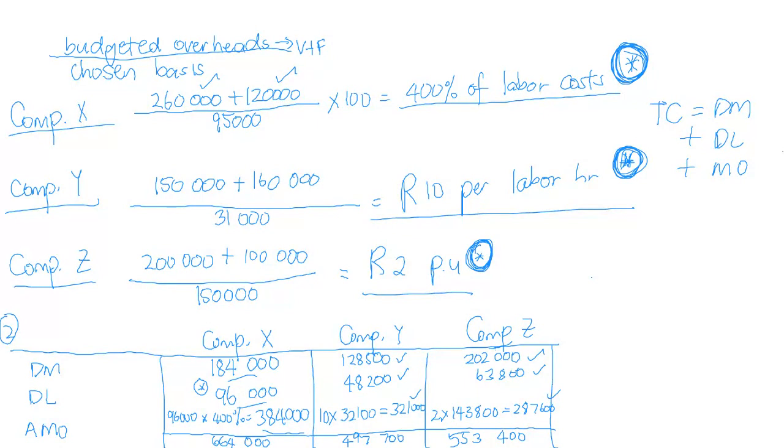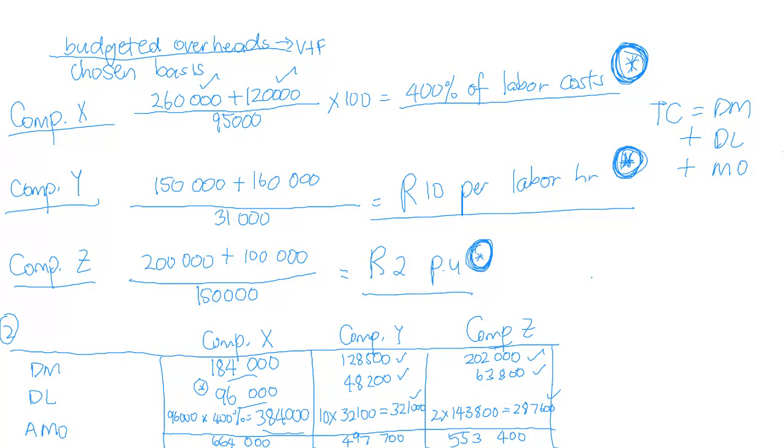All right, so the last question said to calculate whether the manufacturing costs were over or under applied during the year. So remember I had said that when we look at over and under application, and we saw this in the last lecture, we need to look at what was the actual overhead for the year versus what we had allocated to overheads.